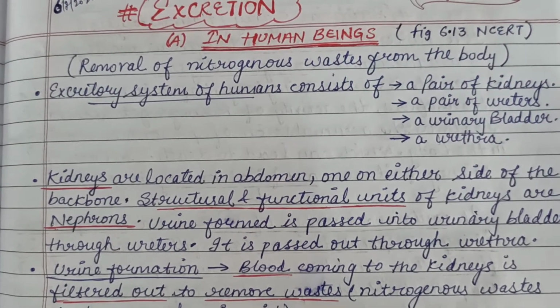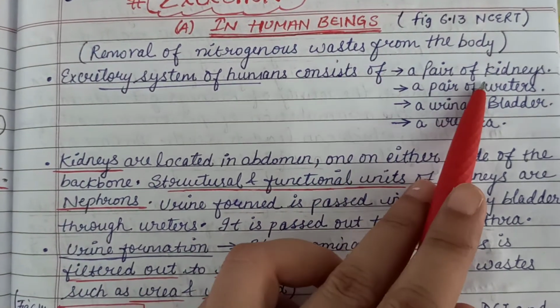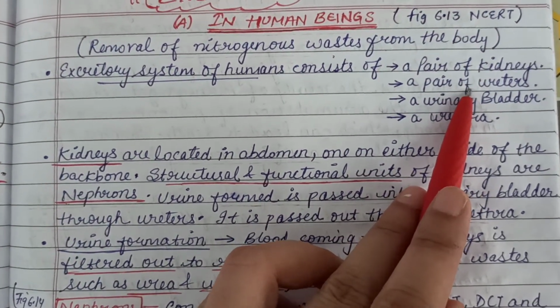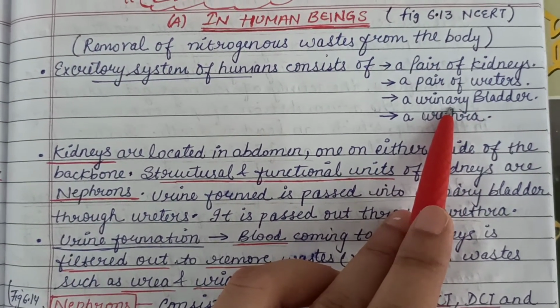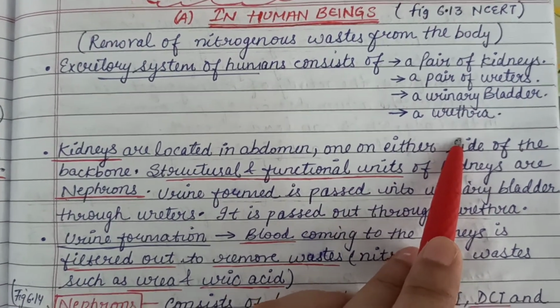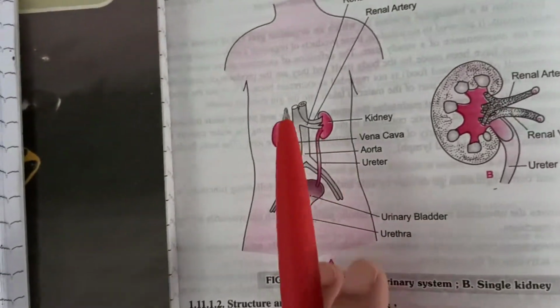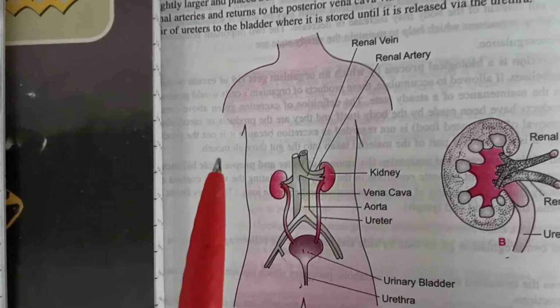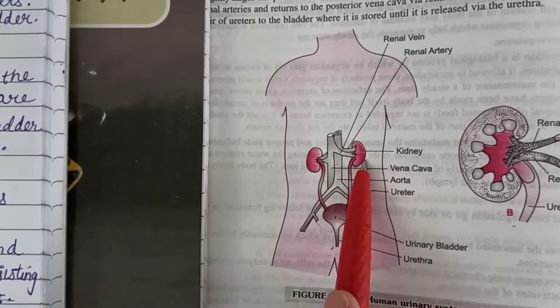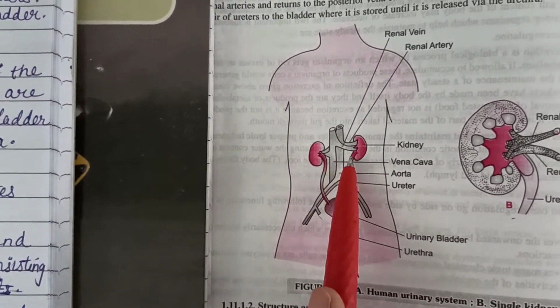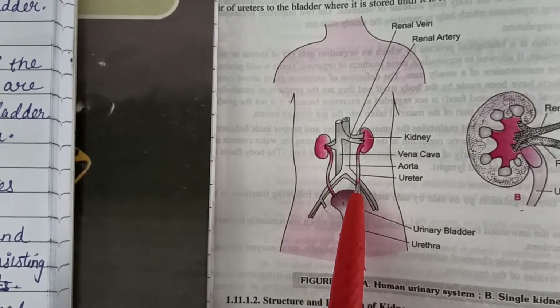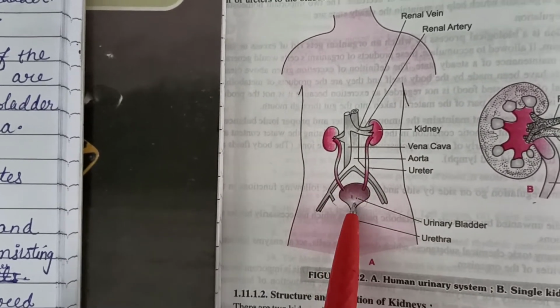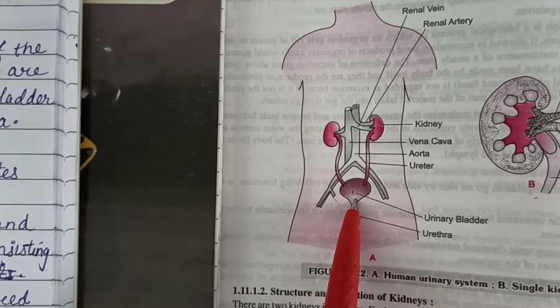Human excretory system consists of a pair of kidneys, a pair of ureters, a urinary bladder and a urethra. So here is the diagram for the human excretory system. We have a pair of kidneys, left and right, then tube-like structures which are called ureters, and these tubes open into the urinary bladder, which is a sac-like structure.